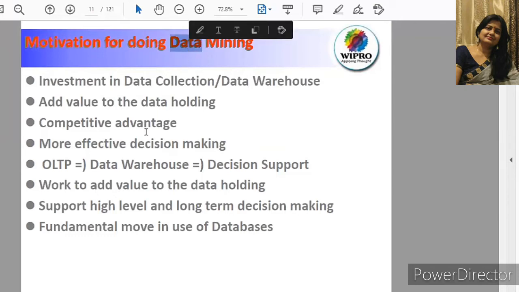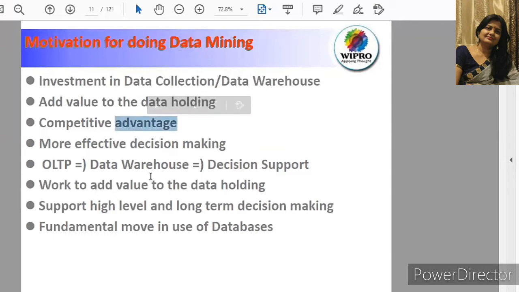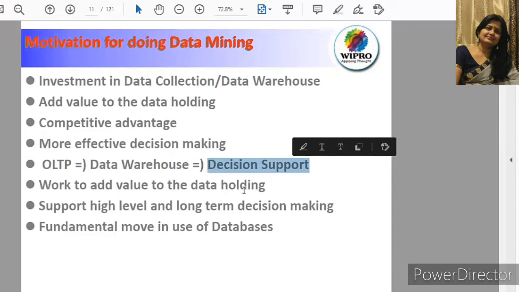So data mining can be divided into two parts of data, OLTP and OLAP. There are certain decision support systems, called DSS, and DSS applications are already available.